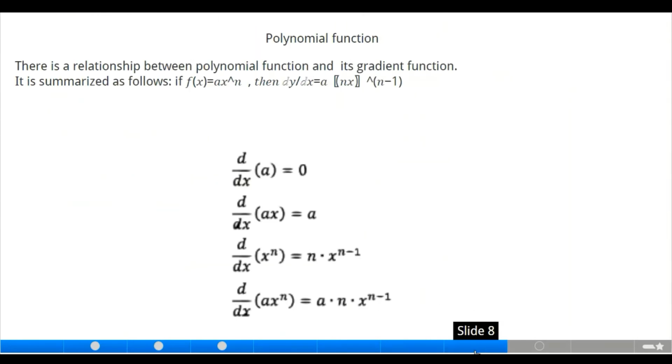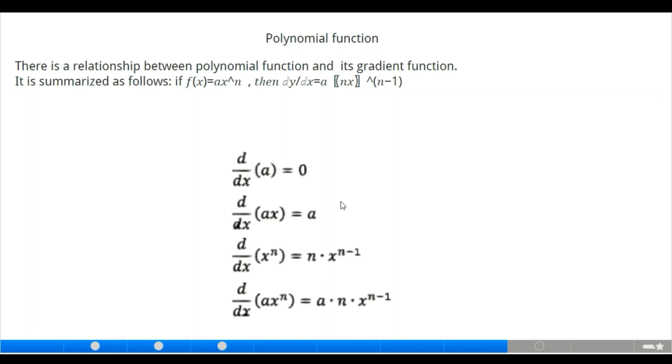Okay, now let's look at polynomial functions. There is a relationship between polynomial functions and their gradient functions. If you want to differentiate using the first principle, the formula is what we have here: dy over dx equals a n x raised to power n minus 1.